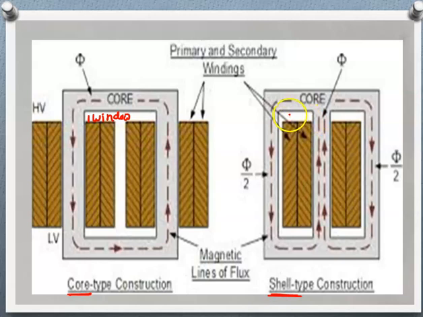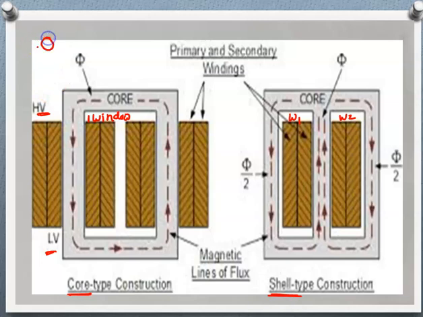Here we have two windows, W1 and W2. These are two open parts we have. In the case of this core type construction, the LV is placed on this limb and surrounding that the HV winding is placed. This type of winding is called concentric winding.